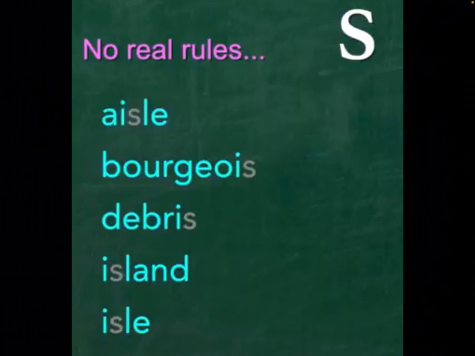Now, moving to the letter S. There aren't many words that have a silent S. Some of the most common ones are what you see in front of you: aisle, bourgeois, debris, island, and aisle.